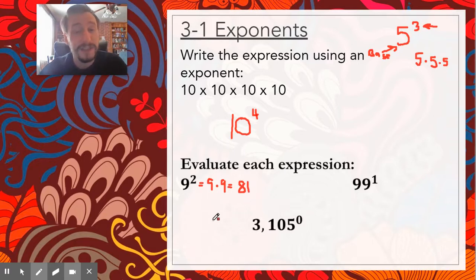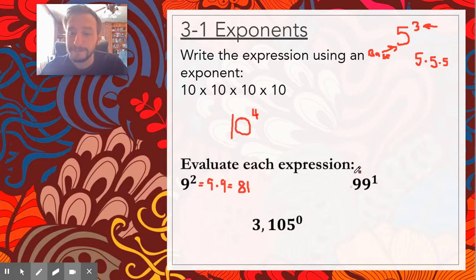And that's it. Please remember, it's not 9 times 2. If I wanted to say 9 times 2, I would write out 9 times 2. When you use an exponent, it's just the shortcut way of saying 9 times itself however many times. So 9 squared means 9 times 9, which is 81.